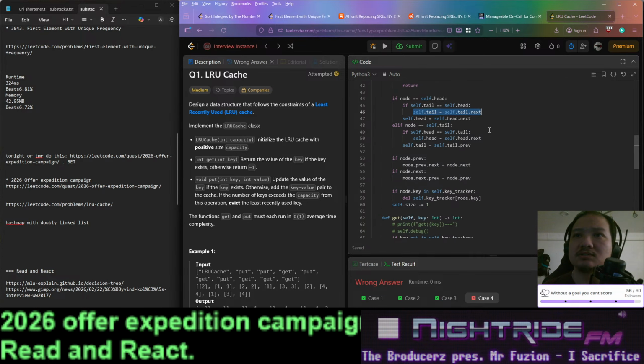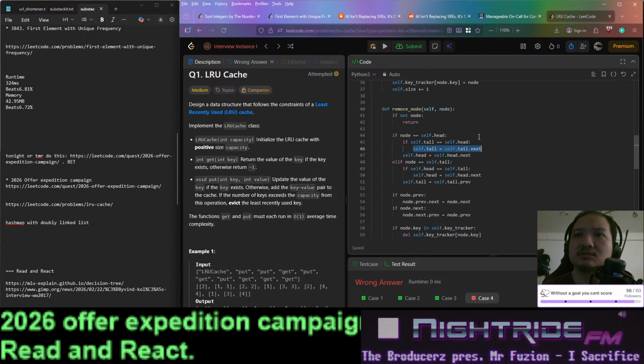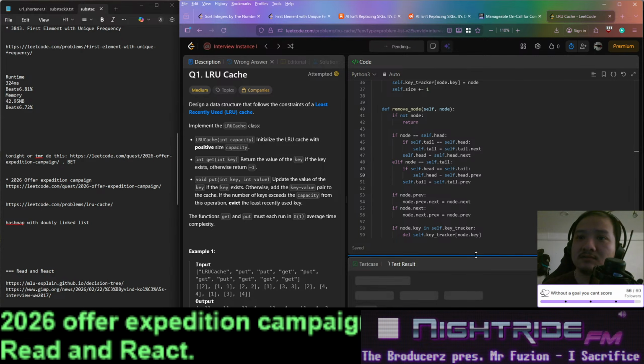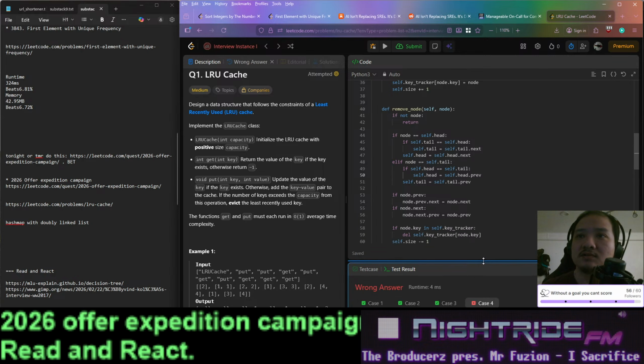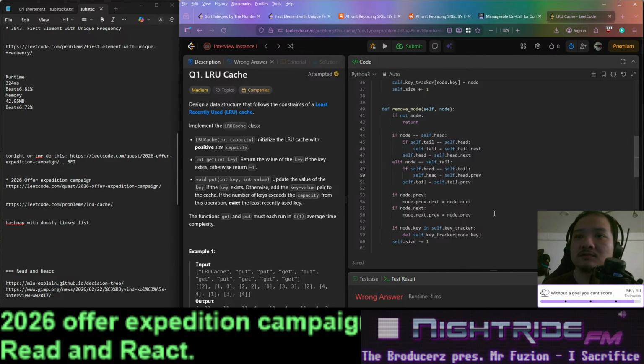Right? And if the one we remove is the tail, then we gotta fix the tail first. In the case the tail is equal to the previous. I don't think it changed anything. Okay.